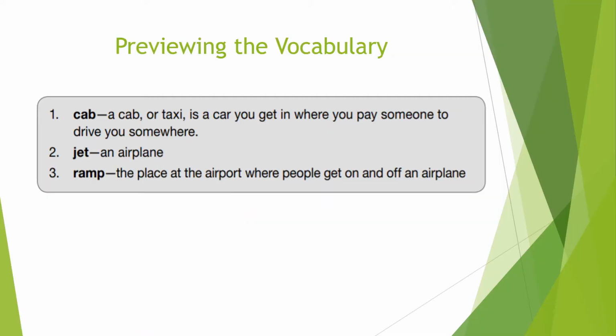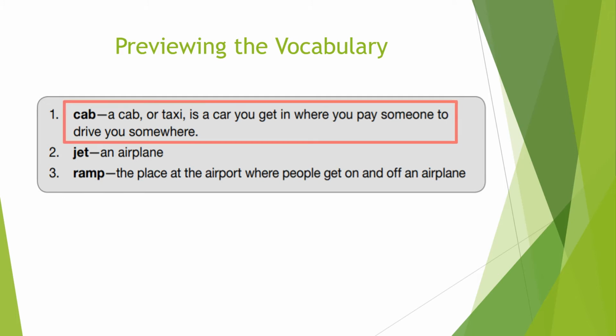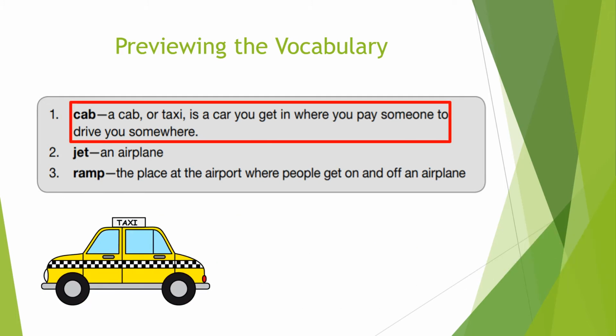So now let's preview our vocabulary. There's 3 vocabulary words that you'll need to be familiar with in order to understand today's lesson. The first word is cab. This is a cab. A cab or a taxi is a car that you get in where you pay someone to drive you somewhere. That's the car you see here.